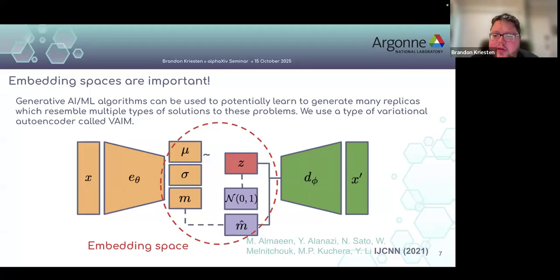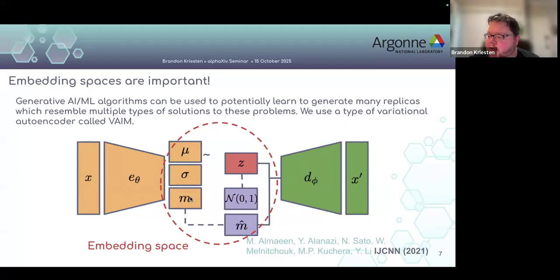And so we use this variational autoencoder inverse mapper, which was developed by a group at Old Dominion University, headed by Yaohang Li and Manal Almain. Essentially, this looks like a very typical variational autoencoder. You have an encoder function and a decoder function, and you go to some latent space, which is constrained to look like a prior distribution, maybe a normal distribution that you choose.